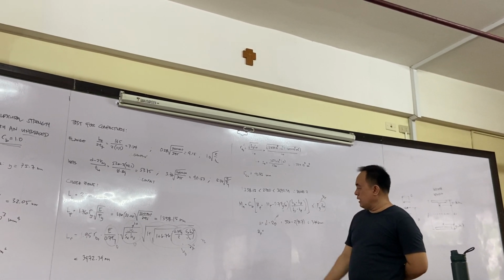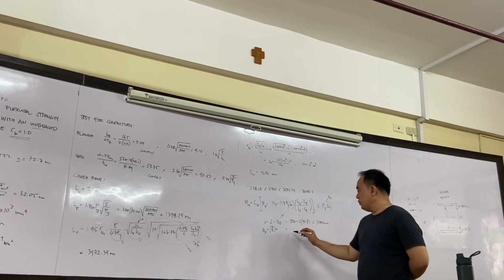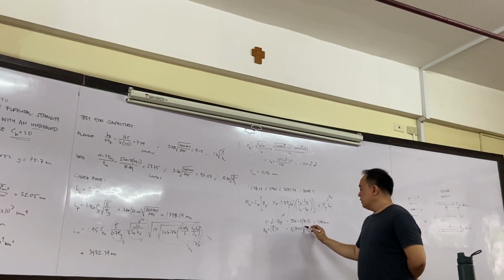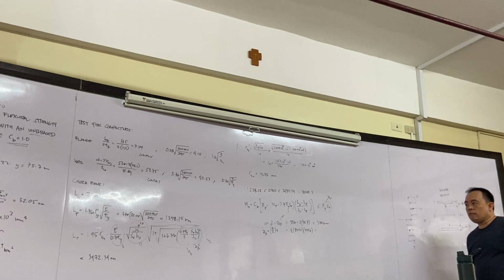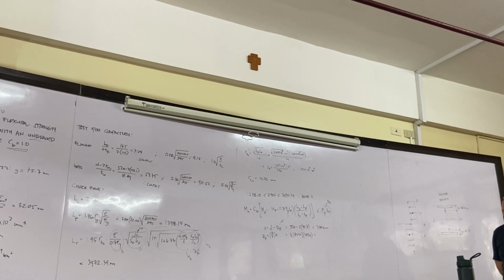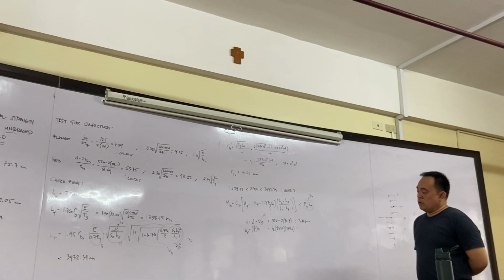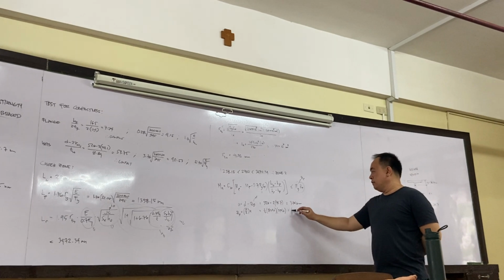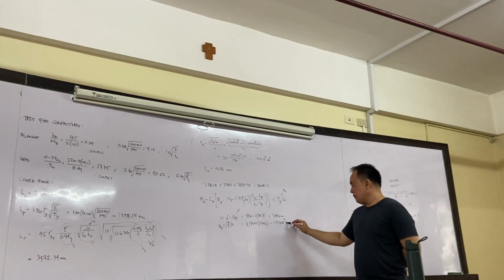And then for Cx, we will have area over 2 times A, which is one half of 8090 times 374.6, equals 1.57 times 10 to the power of 6 mm cubed.